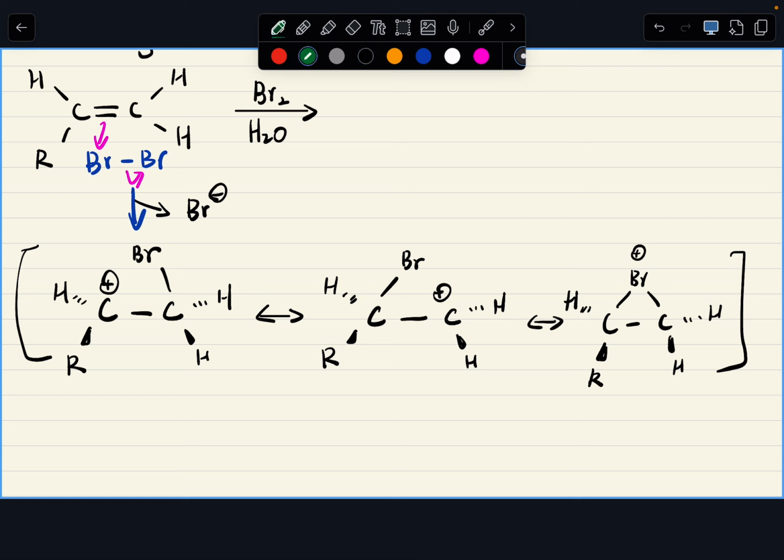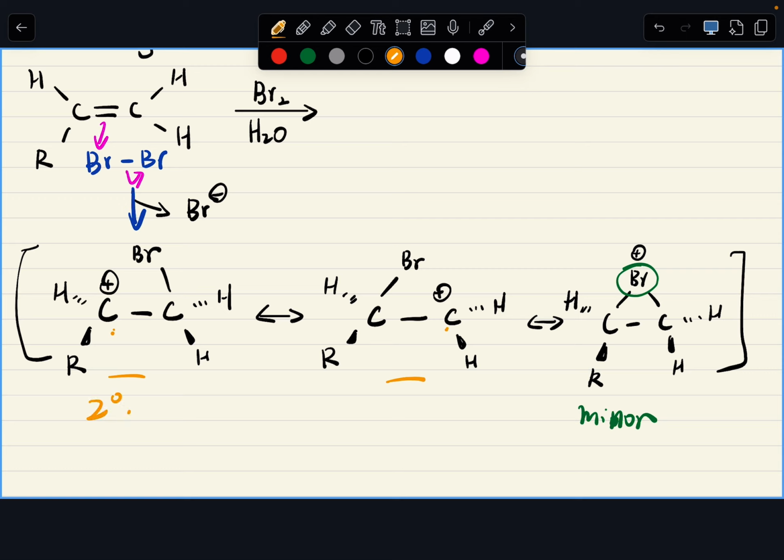Again, the first thing we do, my bromine is more electronegative, so the positive charge on my bromine is the less favored one, so the minor contributor. And then comparing these two, they're both carbon-centered positive charges. This one is primary, this one is secondary, right?